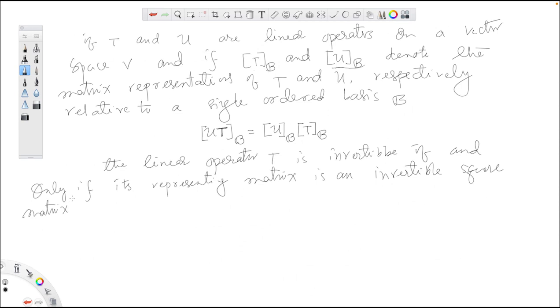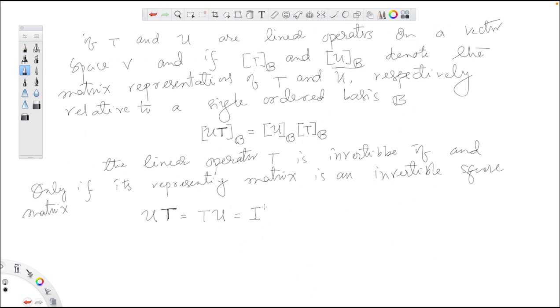This can be easily seen from the definition of an invertible linear transformation. We know that this linear operator T on the vector space V is invertible if U composed with T is equal to T composed with U is equal to the identity operator on the vector space, right?